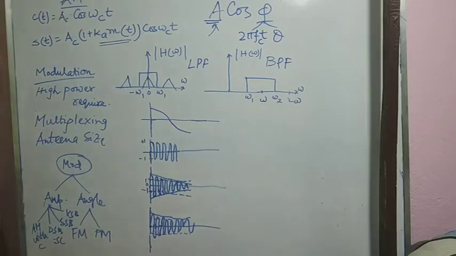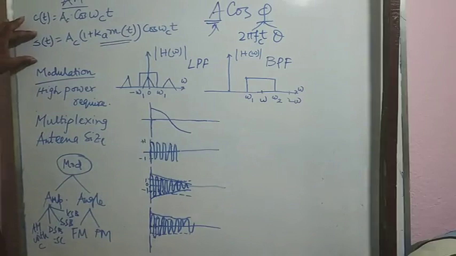So, what I was telling, don't be confused about baseband communication and baseband signal. Baseband communication is the communication process where the message signal is directly sent, and baseband signal is the message signal in the carrier modulation.